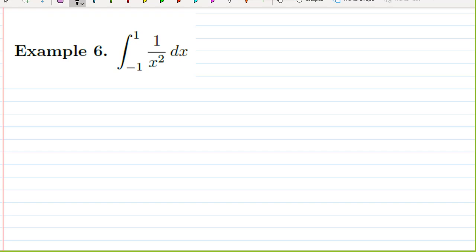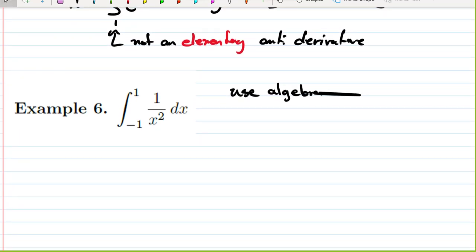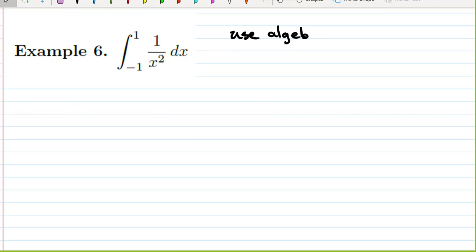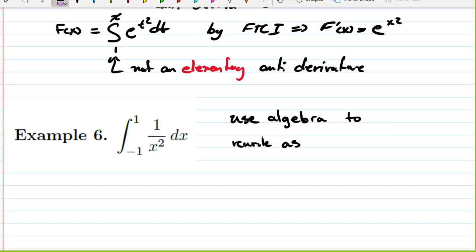So now we need to find an antiderivative for this. So we need to use algebra to rewrite it. 1 over x squared, if we bring this up into the numerator, like what we were doing with derivatives, it makes the exponent negative.